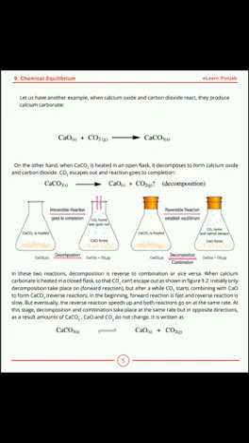At this stage, decomposition of calcium carbonate and formation of calcium carbonate both take place at the same rate but in opposite directions. As a result, the amounts of calcium carbonate, carbon dioxide and calcium oxide do not change.